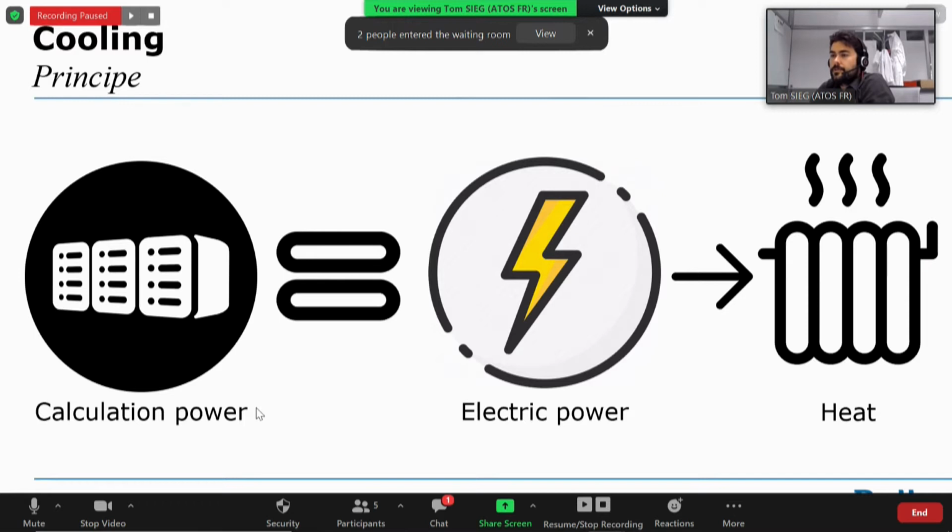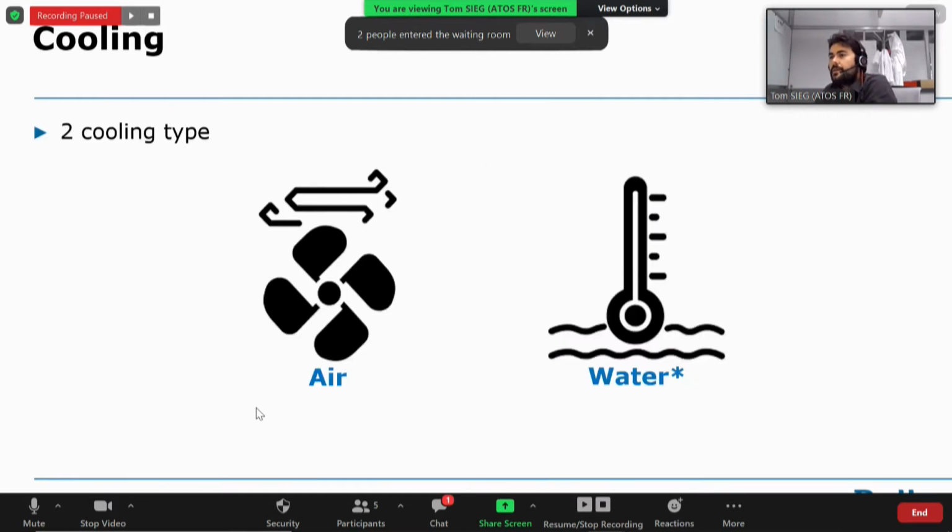Just to refresh a little: computing power is electric power, and it will generate heat. This heat, you have to manage it in some way, to recirculate it or to extract it outside of the building. There are two kinds of cooling, air and water, but in all cases, or almost all cases, you will have water or a similar liquid in your circuits.